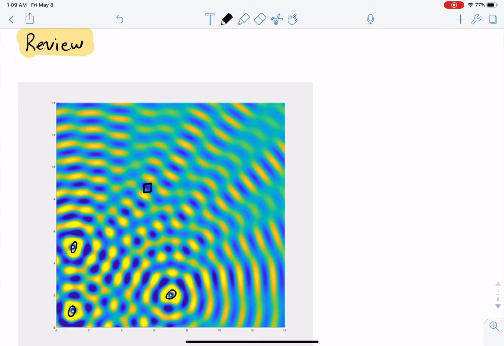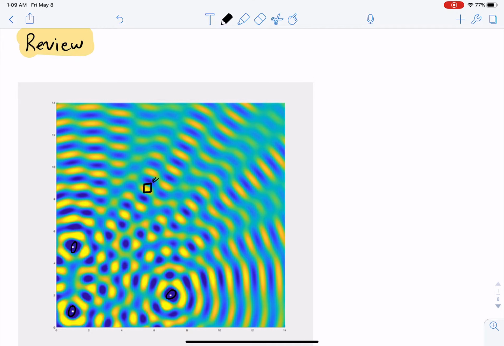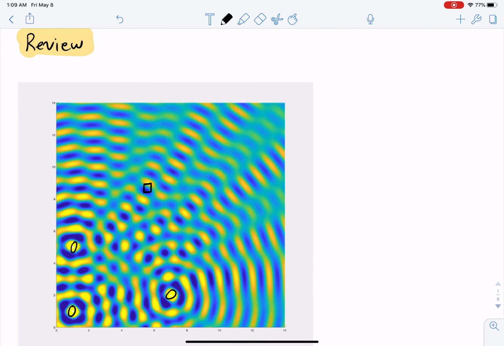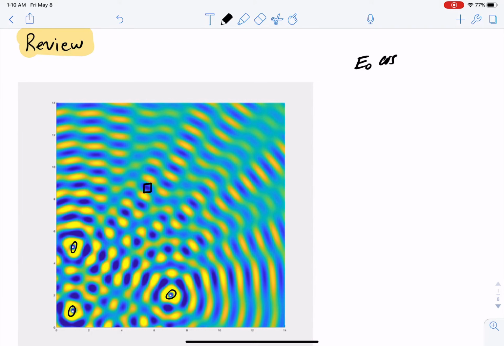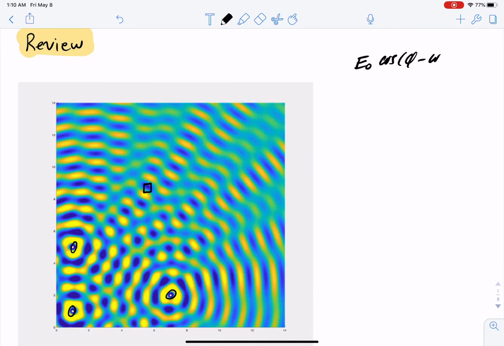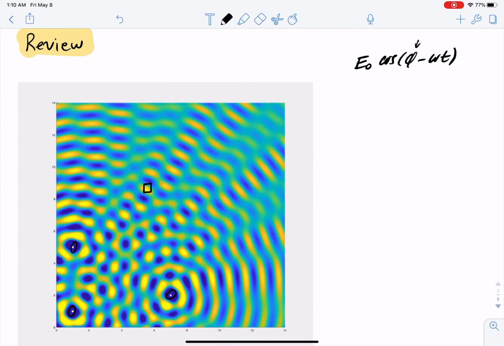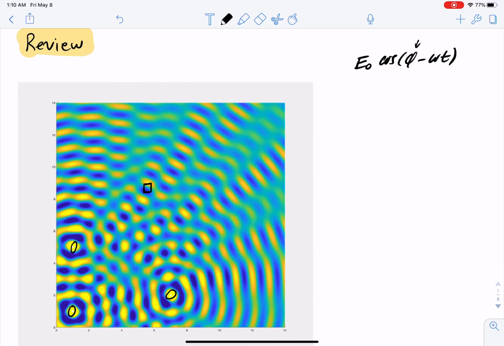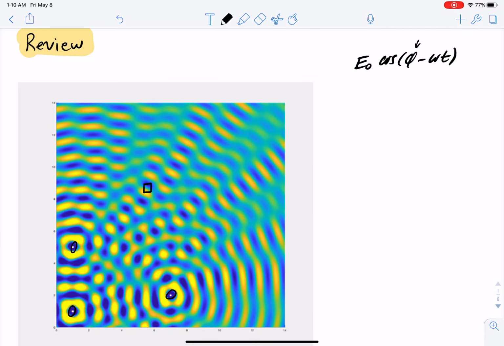And we said that at each point in the field, for example out here at this observation point, it's an oscillation, where this term, the phase, has to do with when it's going up and down. So each point in here is going up and down at different times, so this accounts for that.